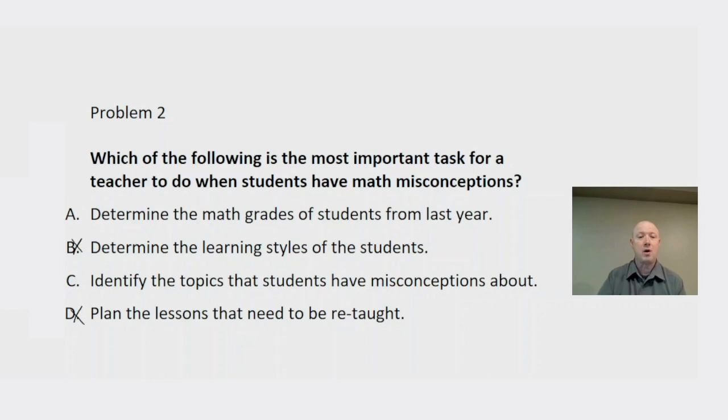Well, we first have to know what the misconceptions are. Choice A says determine the math grades of students from last year. Well, that math grade may be a cumulative of an entire year or a semester, so that might not give you what their math misconceptions are for a certain topic in math. So I'm going to eliminate choice A. The correct answer here is C, identify the topics that students have misconceptions about.